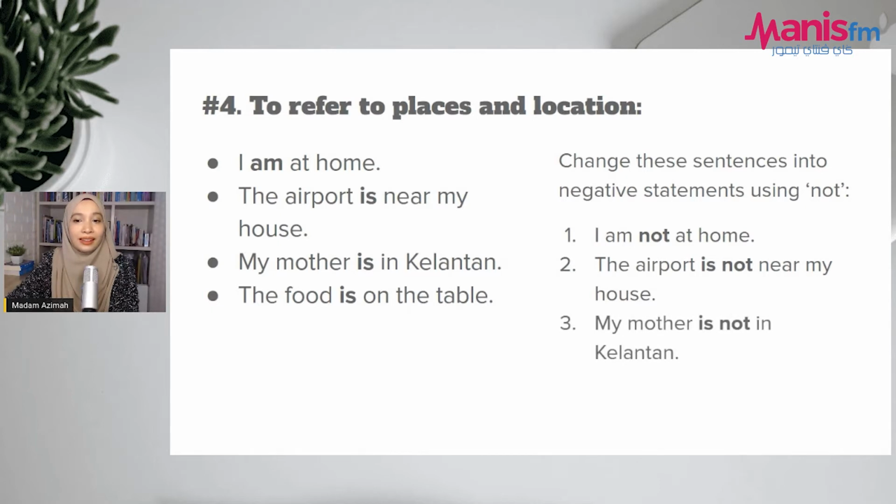My mother is in Kelantan would be my mother is not in Kelantan. And the last one, the food is on the table, would be the food is not on the table. So to make these sentences into negative statements, you simply add not after the be verb. I hope that's clear, right?